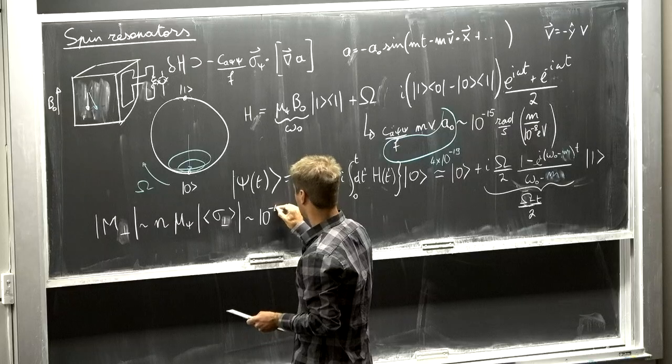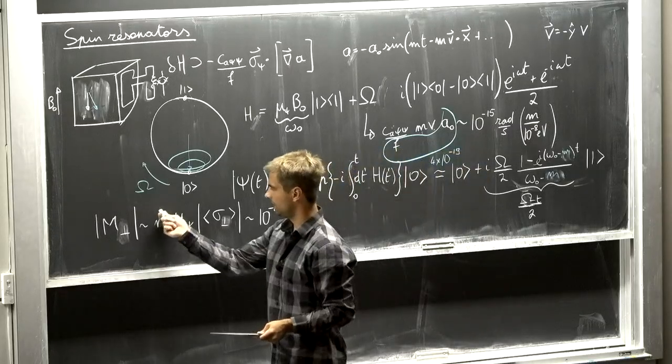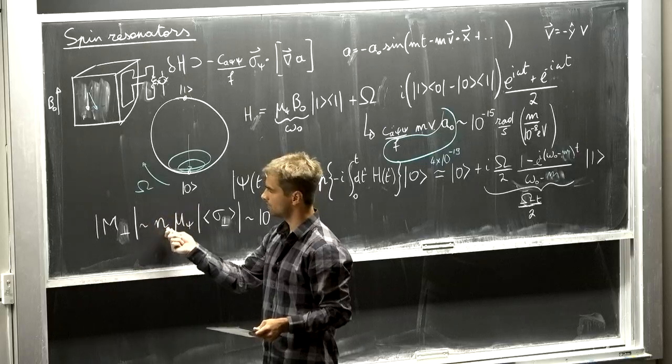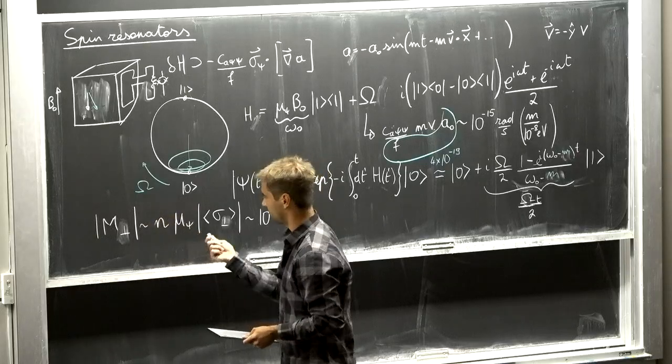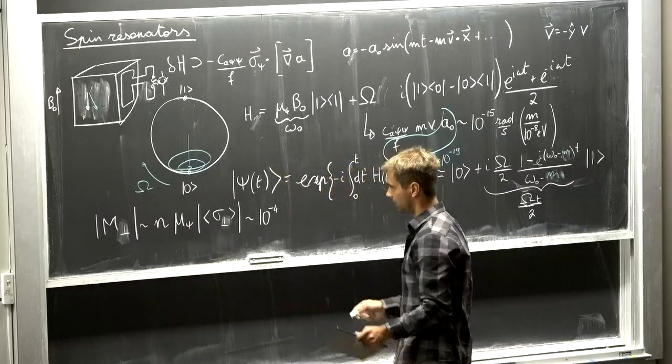If I have liquid helium-3, this has some characteristic number density of helium atoms in a liquid, and a nuclear magneton.